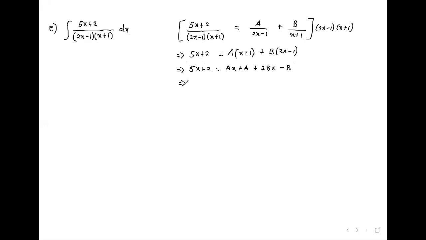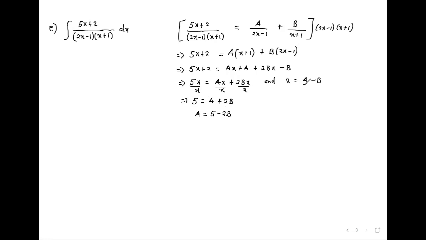So take 5x to be equal to ax plus 2bx and 2 to be equal to a minus b. So we have two equations. If we divide by x, we get 5 equal to a plus 2b. From here, we can solve for a. A is 5 minus 2b.